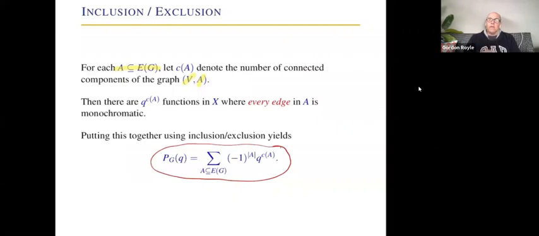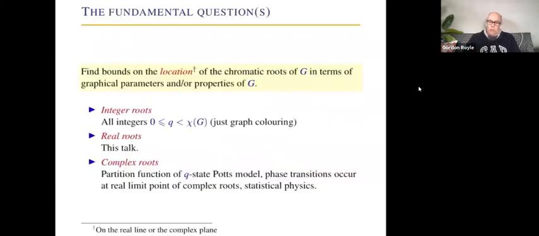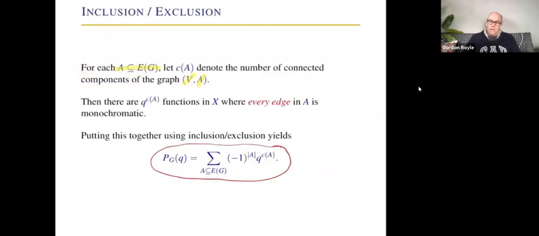Each component is then going to have all of its vertices the same color. And so I've got q independent choices. So putting together all of this using inclusion-exclusion just yields the standard inclusion-exclusion expression. We will come back to this later.